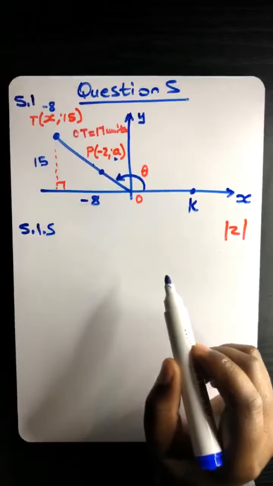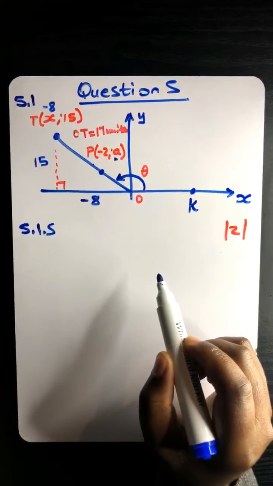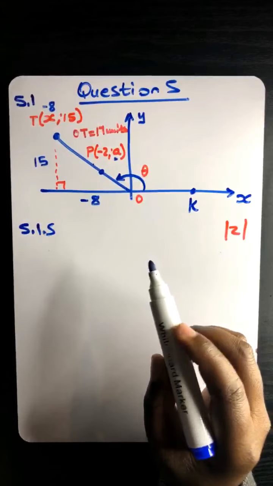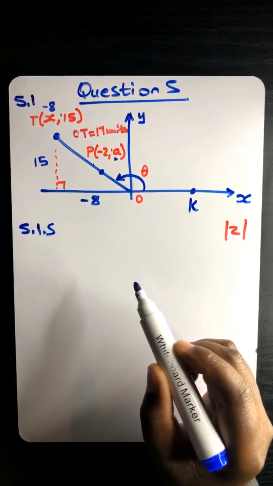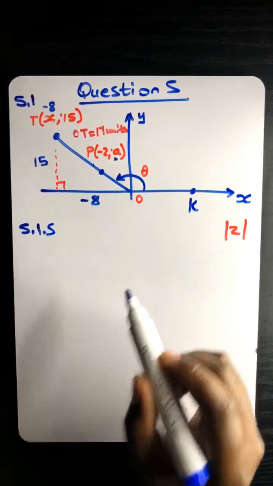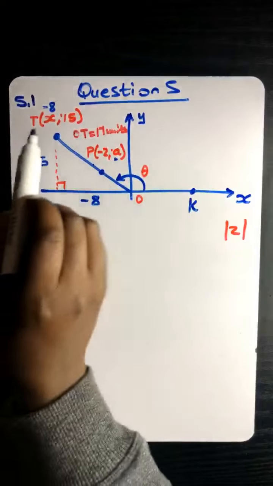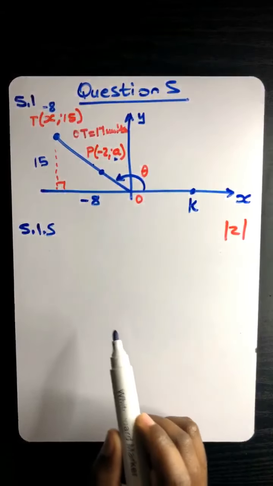How can we apply the theorem of Pythagoras in this case? Say I forgot to write the value of x. So what was the value of x before? The value of x is -8.